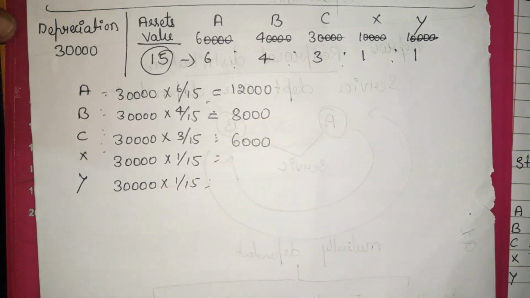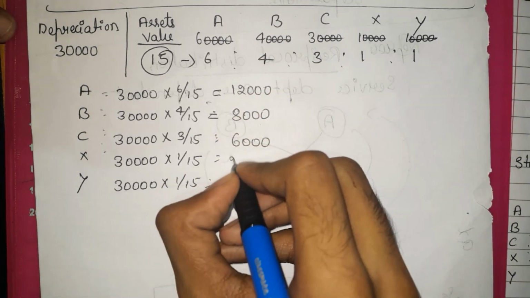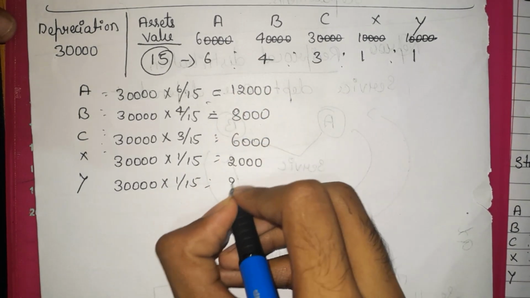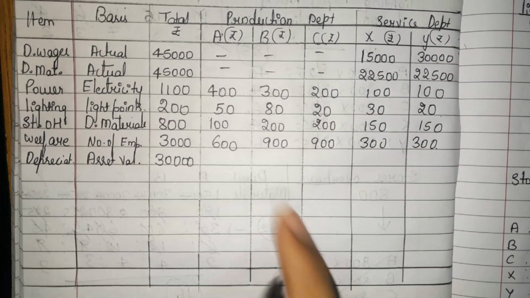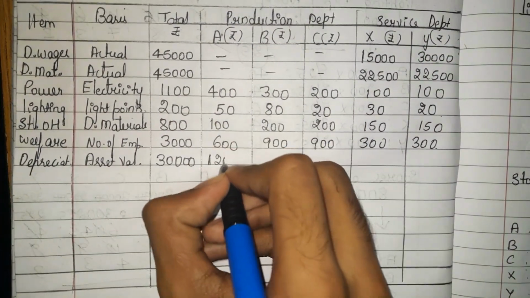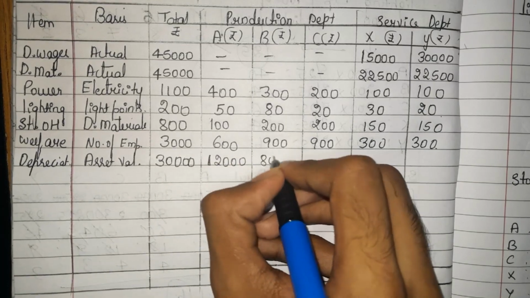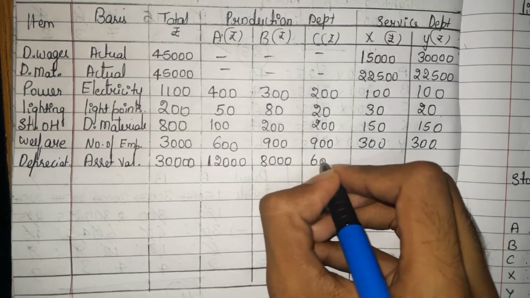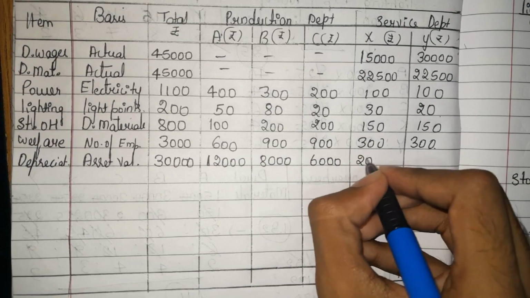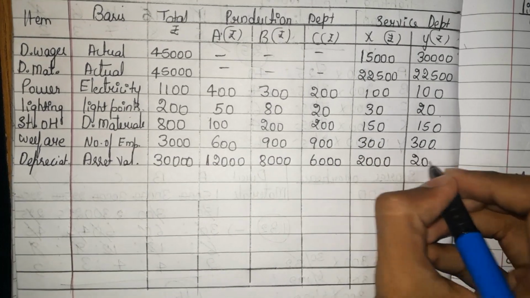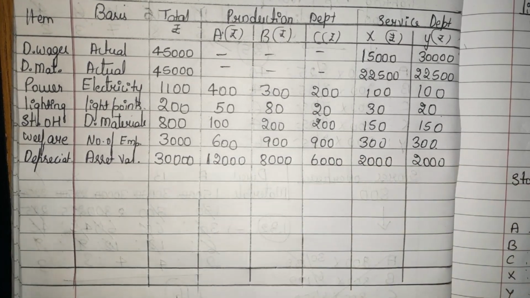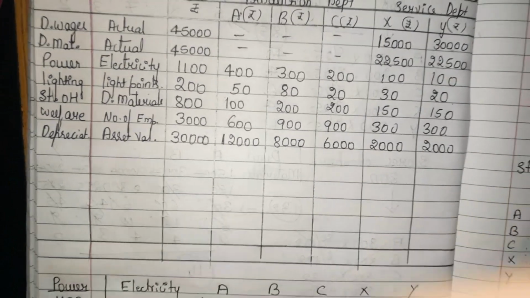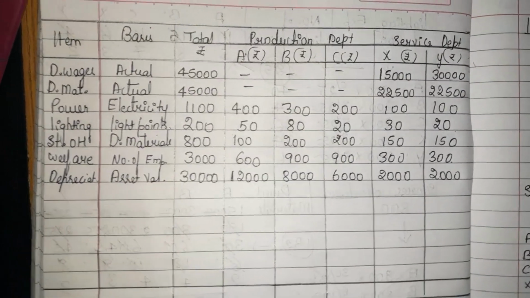For X department, 30,000 into 1 divided by 15 is 2,000, and here also it will be 2,000. The same values we write over here: A 12,000, B 8,000, C 6,000, X 2,000 and Y 2,000.